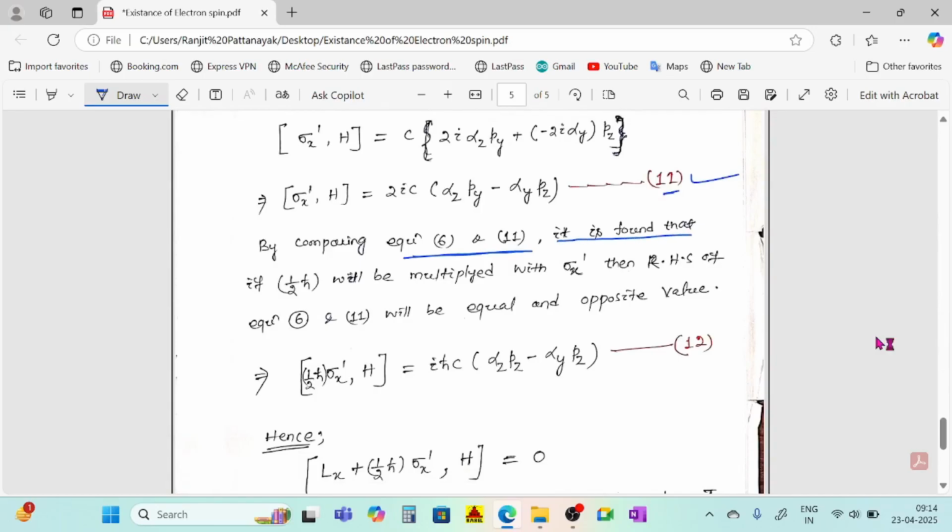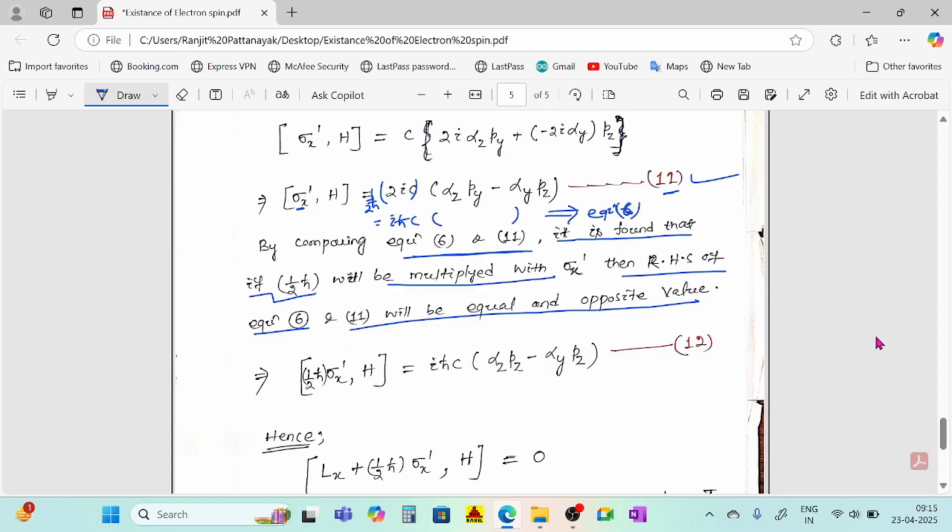It is found that if half h cross is multiplied with sigma x dash here, then the RHS of equation numbers 6 and 11 will be equal and opposite in value. Here if I multiply half h cross over here, the half gets cancelled, and I get i h cross c and this bracket, which is of equal magnitude with equation number 6.